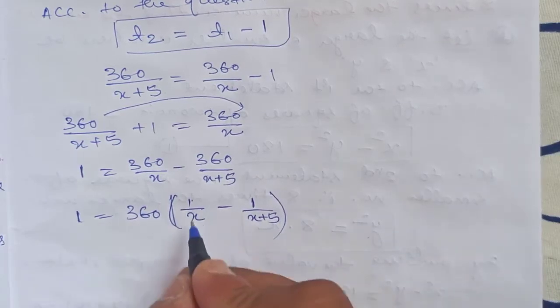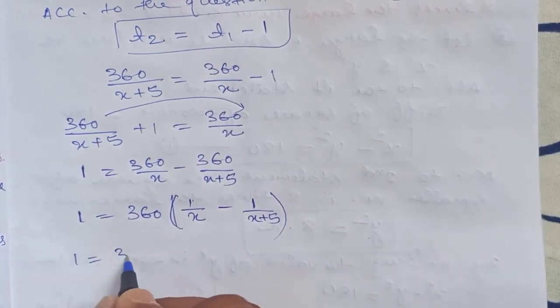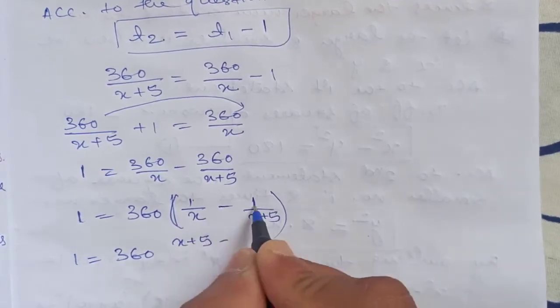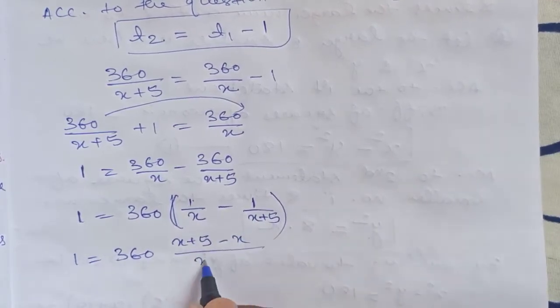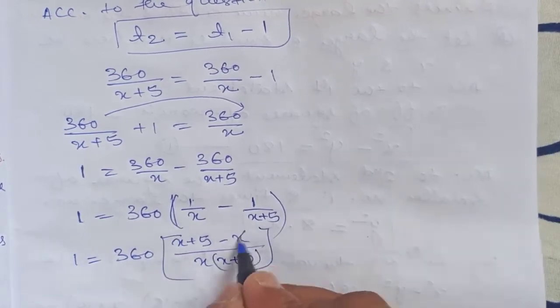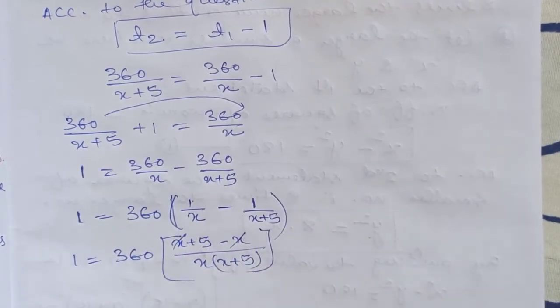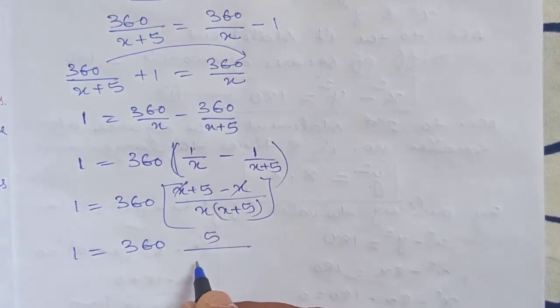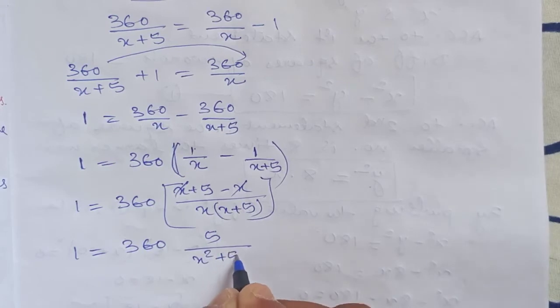Okay, now cross multiply, you will get 1 equals 360 times x plus 5 minus x, divided by x into x plus 5. Okay, cancel x and x, we will get 1 equals 360 into 5 by x square plus 5x.